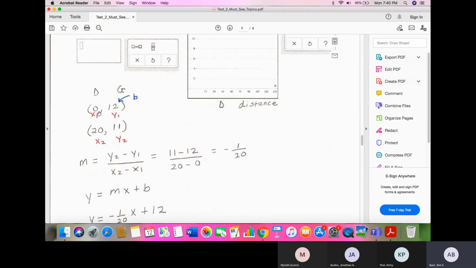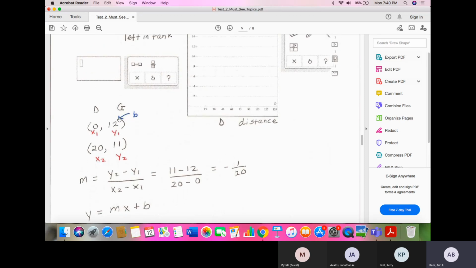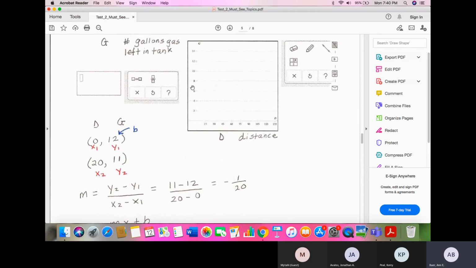Notice over here, this point, 0, 12, and this is why it's so important to use that. That 0, 12 is on what we think of as the y-axis. That 12 is our b. That 12 is the y-coordinate on the y-axis, which is what we call b when we're talking about lines.